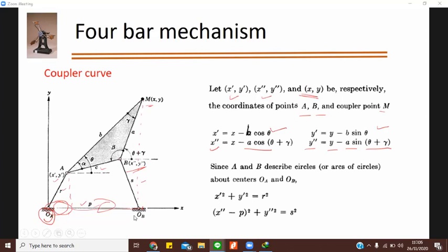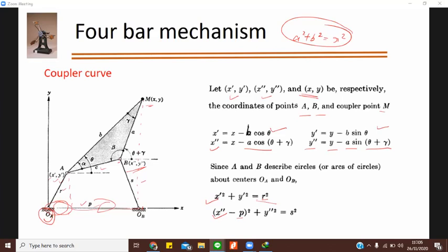So for R, this part R OA, x dash square plus y dash square is equal to R square. So R square is the radius over here. You remember, A square plus B square is equal to radius square. So that's the equation of a circle. The same I am using over here. Now for this one, x double dash minus P. Why minus P?